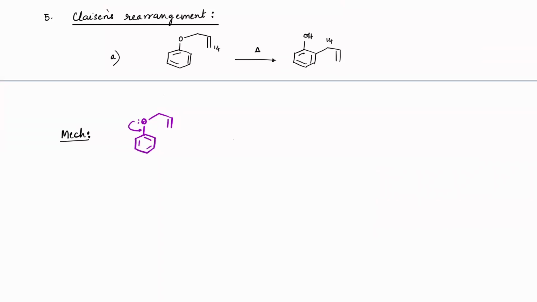So now the pi bond from here will try to attack, this pi bond will move, and this bond will break. So in short, if you notice how the reaction is happening, oxygen is breaking a bond here, a double bond is forming here, and another bond is forming here, a double bond is lost here, and another double bond is forming here. So this is a transition state that it is going through.